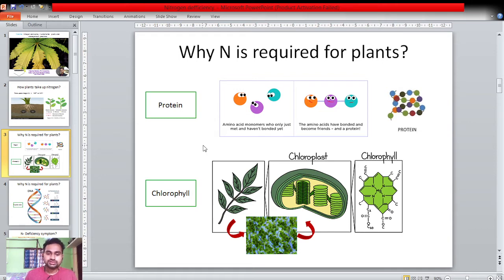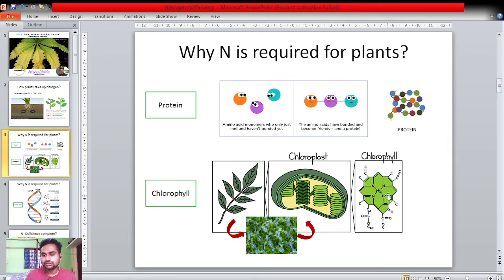We can see here in a leaf, if you observe properly, there are cells, and inside the cells there are small disc-shaped green-colored compounds. These compounds are called chloroplasts. In the chloroplast we have the chlorophyll, and in this chlorophyll, as you can see in the last picture, there is a structure.